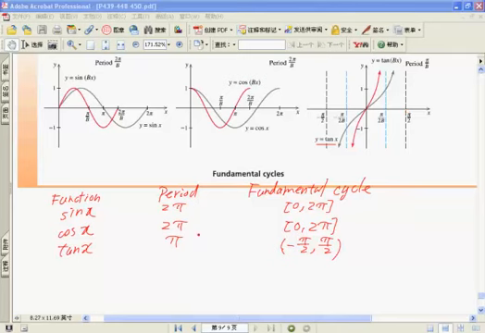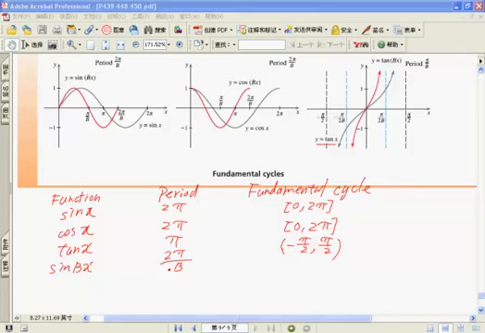Now, if the coefficient of x is not equal to 1, let's look at sine of bx. For sine bx, its period is equal to 2 pi divided by b. Here we assume b is positive.